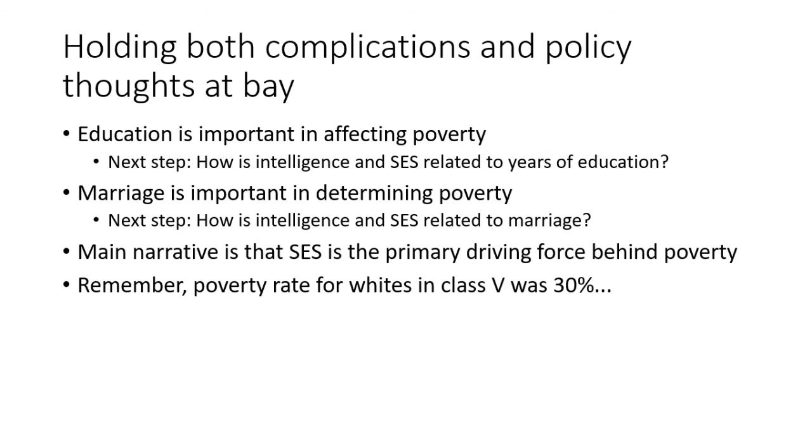It's the establishment that is keeping you poor. And I don't disagree with that to a certain extent. But remember, the poverty rate for whites in class 5 of the cognitive class was 30%, and again, 6 percentage points higher than class 5 for socioeconomic status.